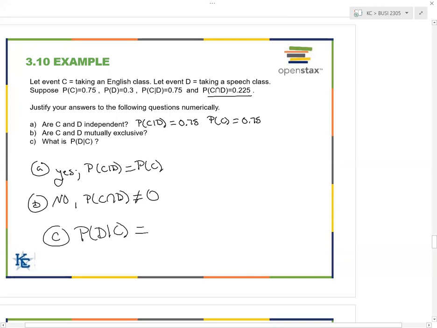If you go back and look at your rules for conditional probability, the conditional probability rule is the probability of C intersect D over the probability of C. So the probability of C intersect D is 0.225, and the probability of C is 0.75. So 0.225 divided by 0.75 is 0.3.